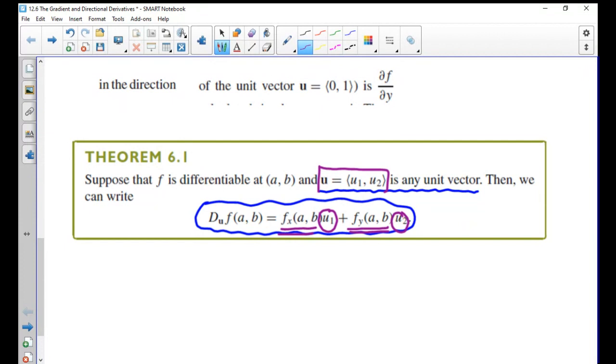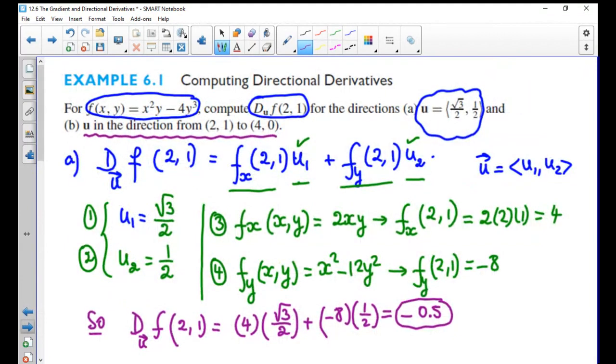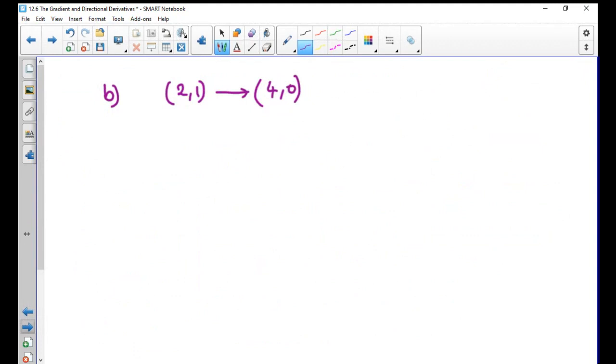So these are the four things you need to find the directional derivative. So first, find the vector v. What is the vector v from this point to this point? 2, 2 minus 1. Okay, this is the vector v.